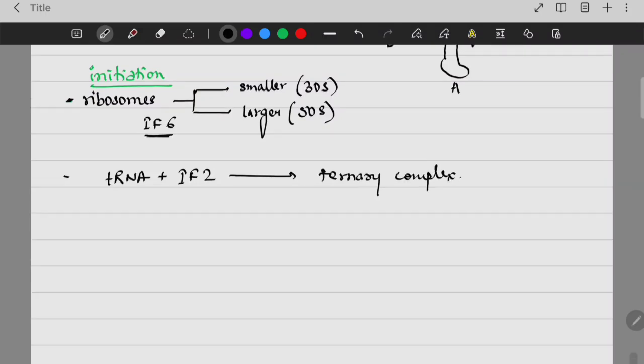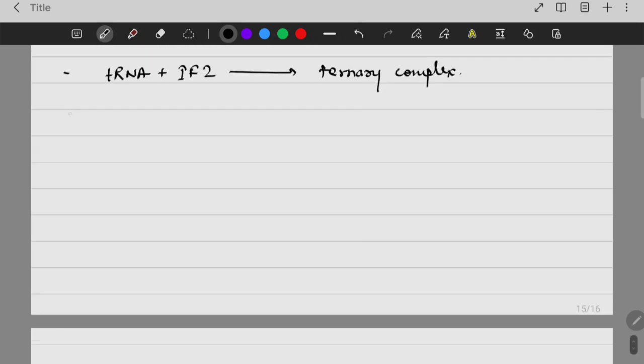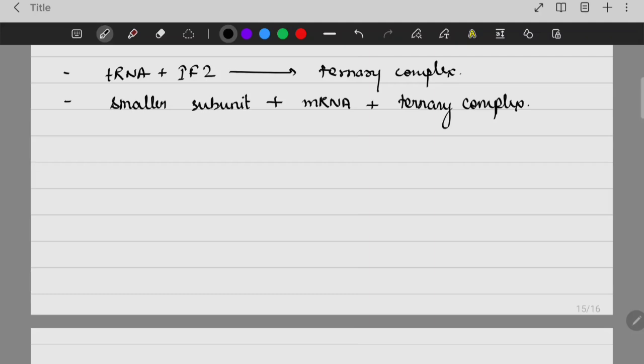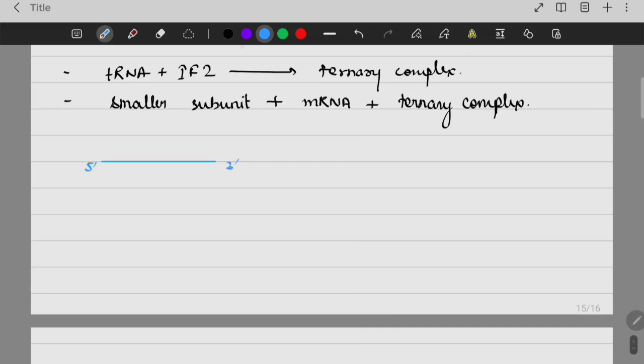So the formation of the whole complex will be the smaller subunit along with mRNA along with the ternary complex. If I draw these three together, this is the mRNA, 5' to 3'.